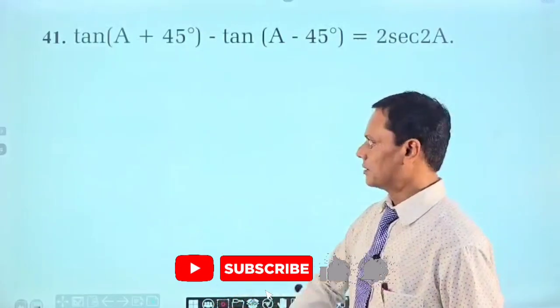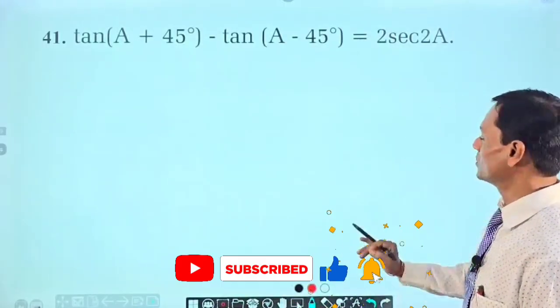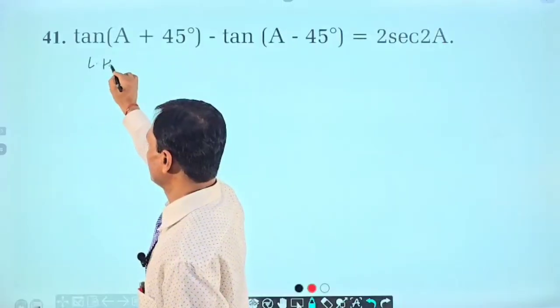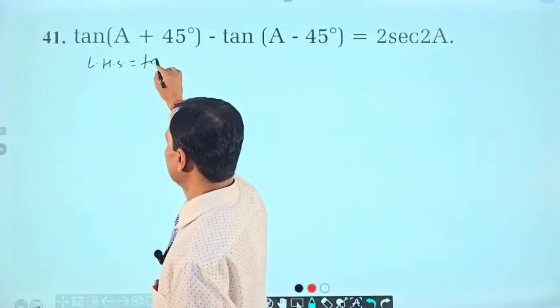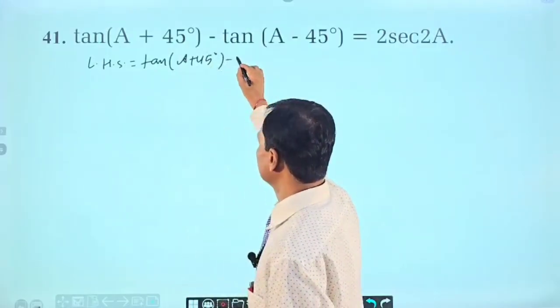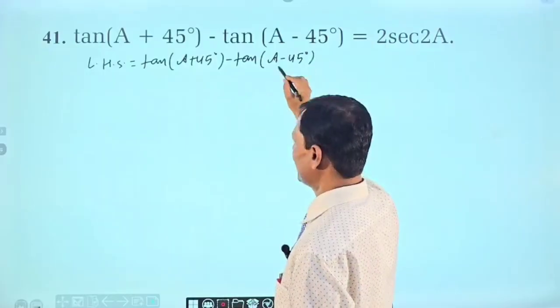Identity number 41, tan A plus 45 degree minus tan A minus 45 degree equals sec 2A. So we are going to choose the left hand side. Here on the left hand side we have tan A plus 45 degree minus tan A minus 45 degree, right?